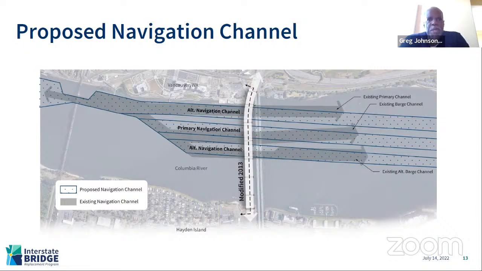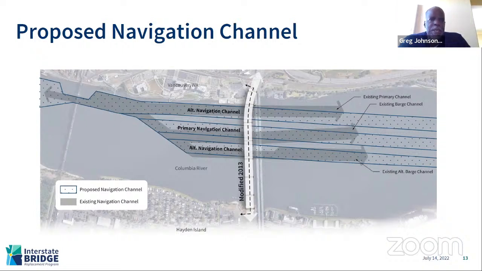So we would be looking at proposing with our new bridge, changing the navigational channel to accommodate getting the river traffic through the largest opening and the largest height that we would build. So there's a lot of complicated things that we're looking at.